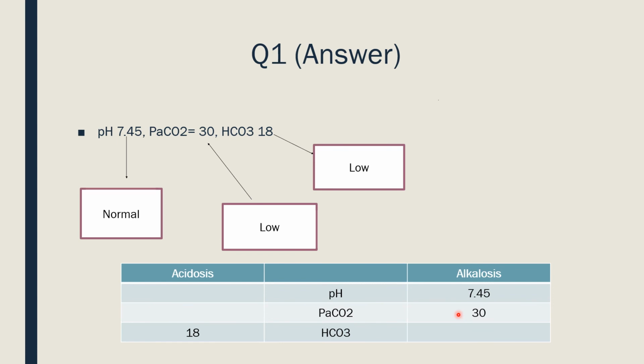Bicarb is 18 and it's low. Remember that the normal is 22 to 26, so anything below 22 is more acidotic, okay? Now, just looking at this, pH is normal, so we can say this is fully compensated.